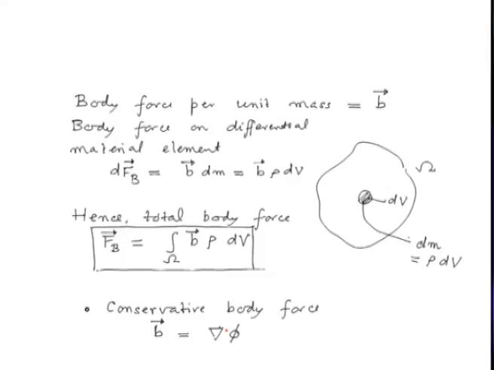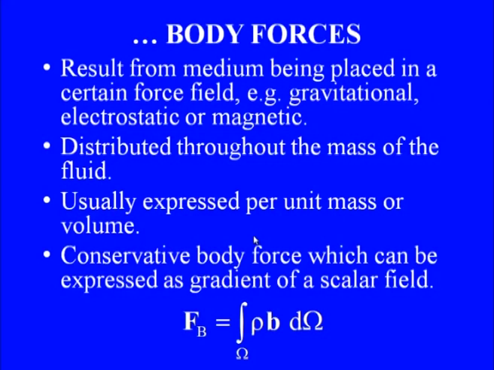For instance, in the case of gravity, our phi could be simply the scalar quantity z. So, that completes our description of the body forces, that F_b can be given as the volume integral of rho b d omega. Next, let us have a look at the surface forces.